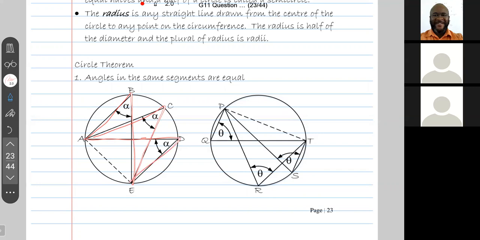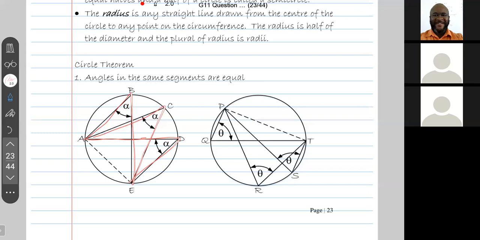So what we are seeing is that all 3 angles have their start and end at opposite ends of the chord AE. And the angle itself is formed at the circumference in the same segment. So B, C, and D, they are all at the circumference in the same segment.